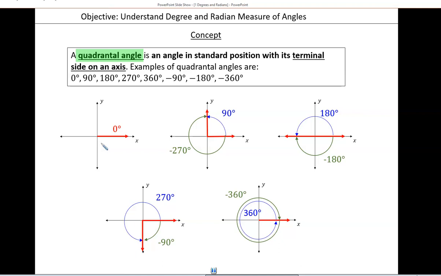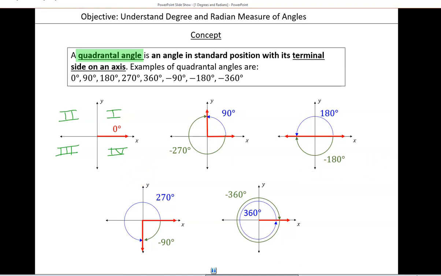One or more full quadrants. So you might recall your quadrants. Everything is positive in quadrant 1, and then this is quadrant 2, this is quadrant 3, and this is quadrant 4. So quadrantal angles are one or more full quadrants, and that's where they get their name.